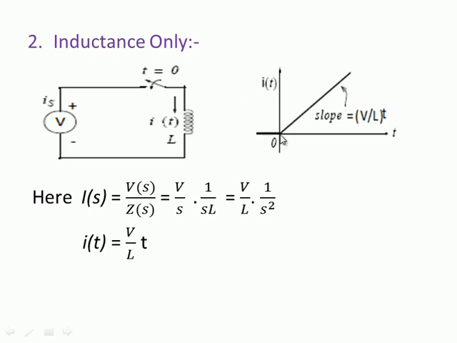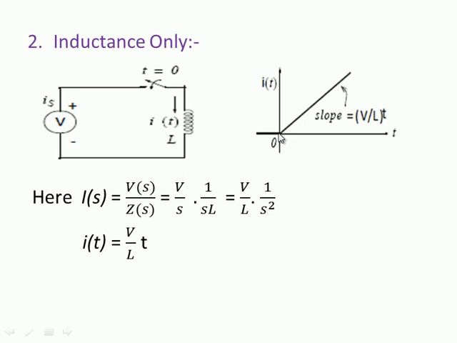That acts as an open circuit, because if you see from here, at 0 plus it is 0. The value of current is 0, because the inductance has the property of opposing the change in current. That is why there is a gradual rise of current. See here, there is a gradual rise.